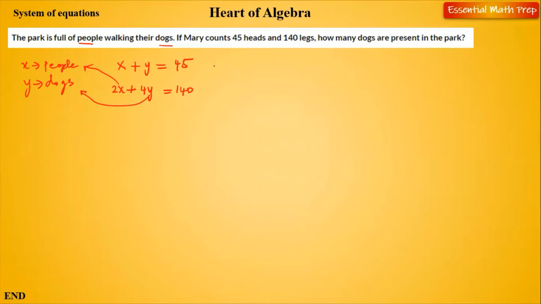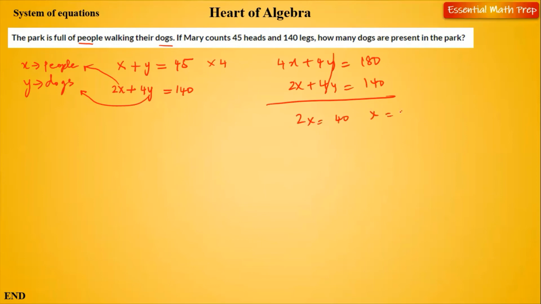Now you can simplify by multiplying the first equation by 4 to get rid of Y, which gives 4X plus 4Y equals 180, because 45 times 4 is 180. And then you have 2X plus 4Y equals 140, which I didn't change. Subtracting gives 2X equals 40, X equals 20.